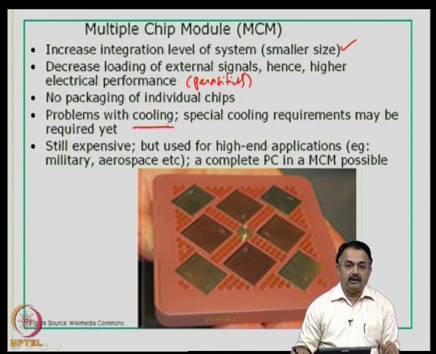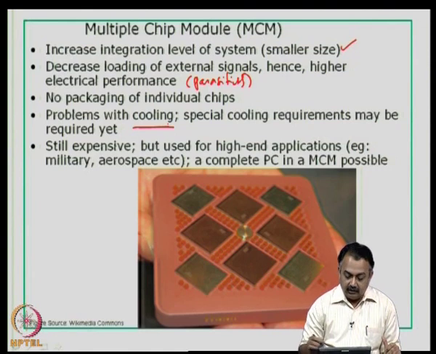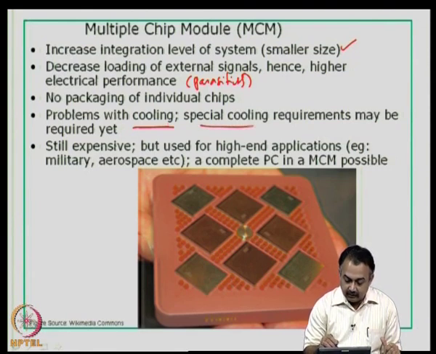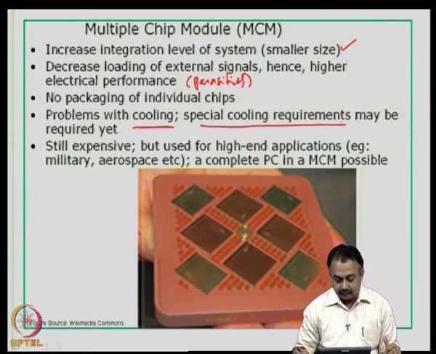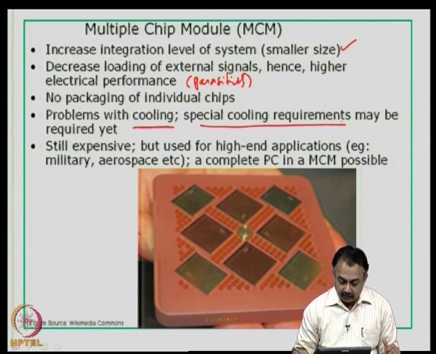Therefore, if you look at the substrate, you have to look at the thermal dissipation property, dielectric constant, thermal conductivity, and so on when you choose the substrate. In addition to that, you have to look at special cooling requirements. What are the special cooling requirements for a multi-chip module?